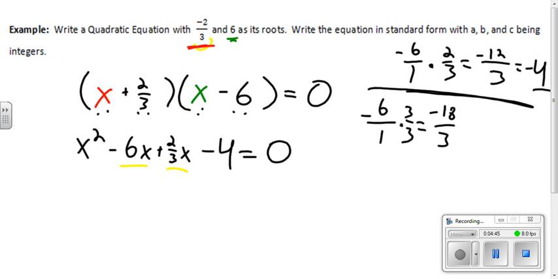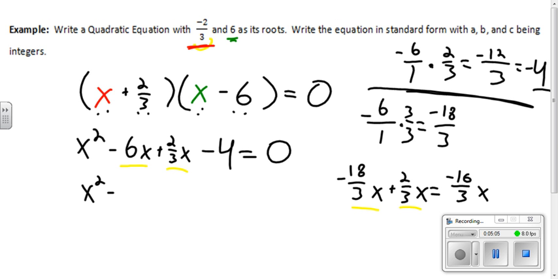So we look at that as -18/3 x plus 2/3 x, which becomes negative 16 thirds x. So we're left with x squared minus 16 thirds x minus 4 equals 0.